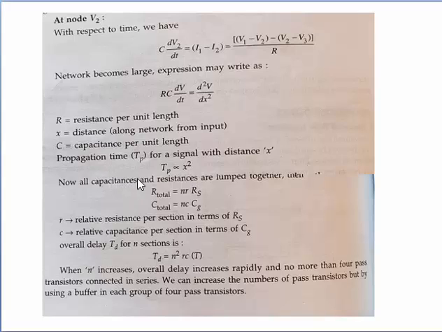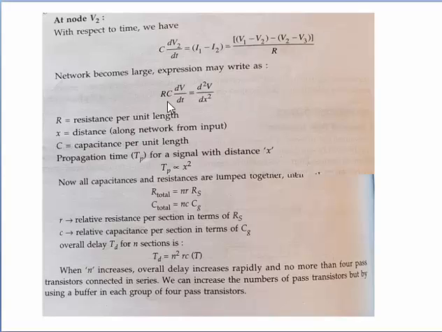Now all the capacitance and resistance are lumped together in figure B. Lumped together means they are considered as a group rather than separately.